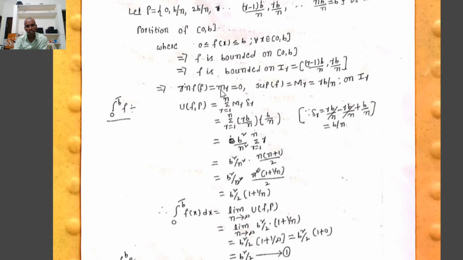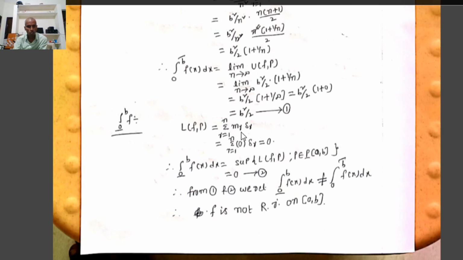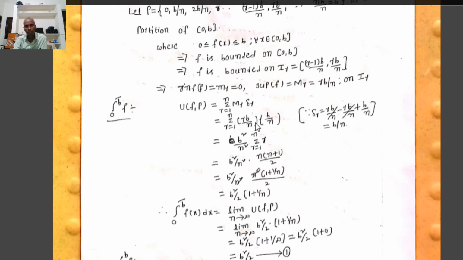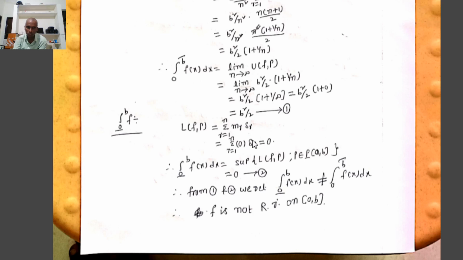Here small mr equals 0, and delta r equals b by n. Since small mr equals 0, the total value must be 0. Therefore summation r equal to 1 to n of small mr into delta r equals 0.